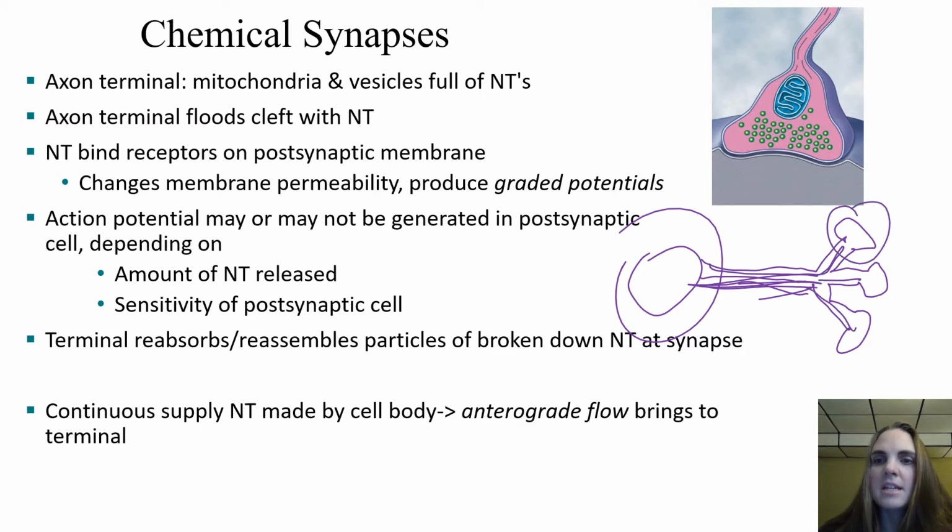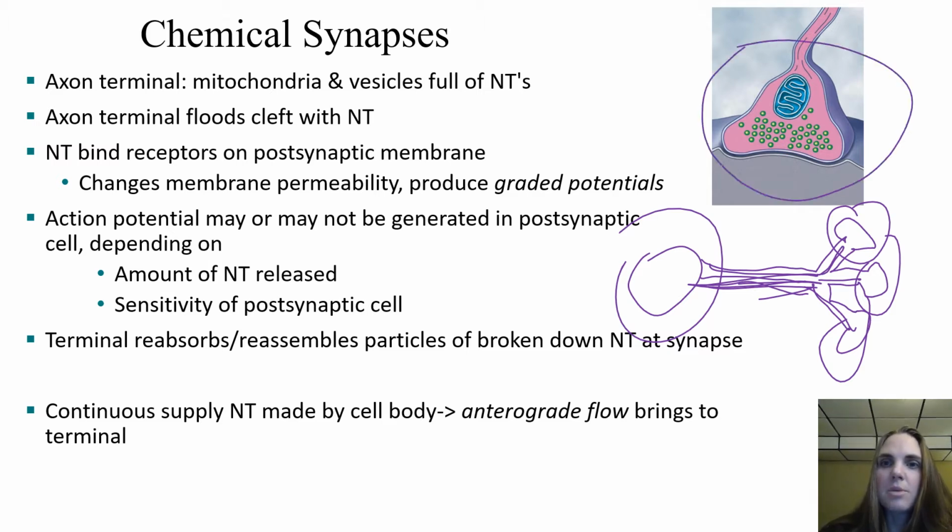And remember, those end in, we can call it the axon terminal, the synaptic bulb, the synaptic terminal. So at that terminal, at that end of the telodendria, and that's what we're seeing here in this image, we have mitochondria and then thousands of little vesicles that are full of those neurotransmitters.